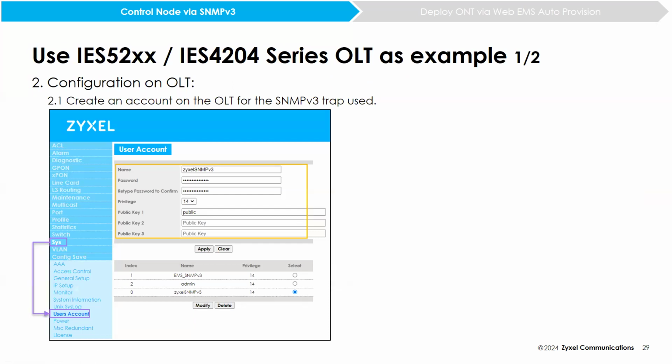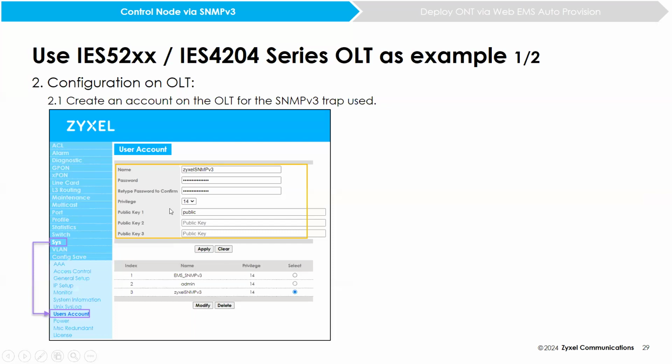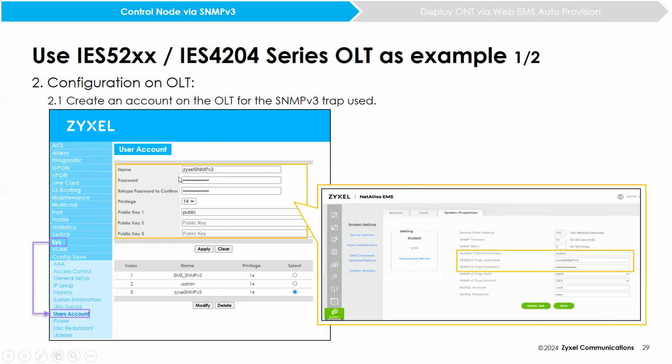Okay, so this time, we want to let the OLT devices be able to send the trap information to ENS. We need to make sure that the account of the ENS system is already created on our OLT as well. Like before, you can follow the step here to a page like this, and type in the essential information to create an account on the OLT devices.